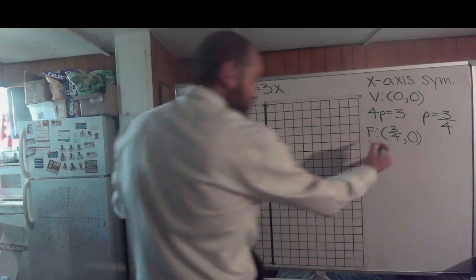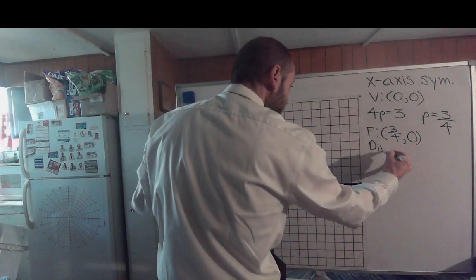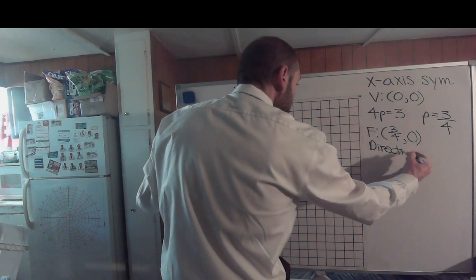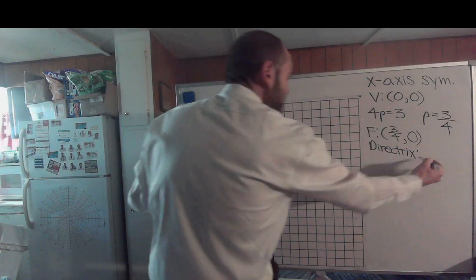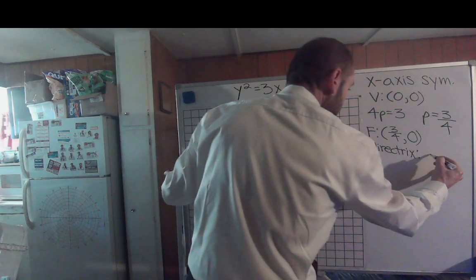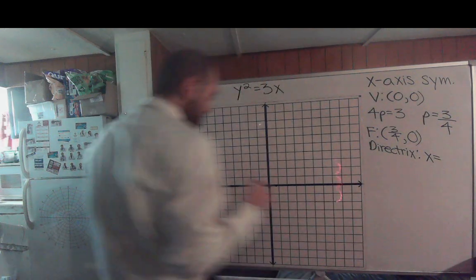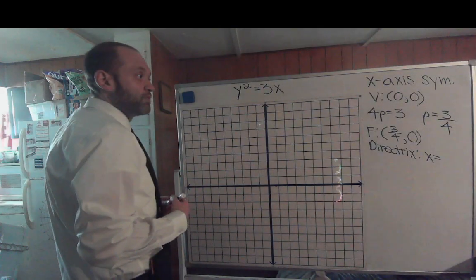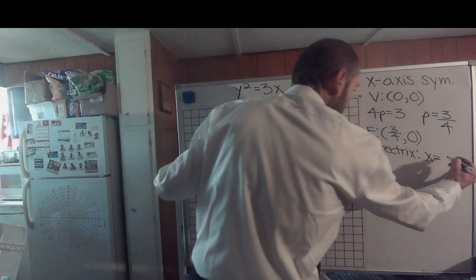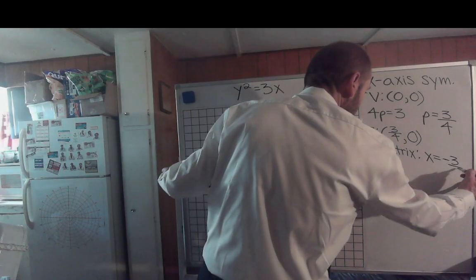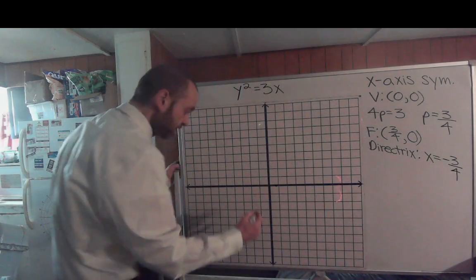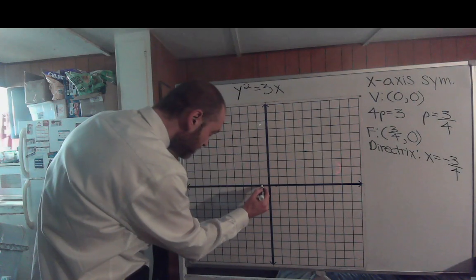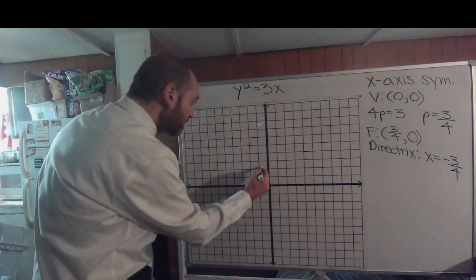Now to find my directrix, of course it's x-axis symmetry, so it's going to be in the form of x equals, I'm going to take that p of 3/4 and subtract that from 0. If I subtract 3/4 from 0, I'll get x equals -3/4 for my directrix. So that's going to put me right about there.